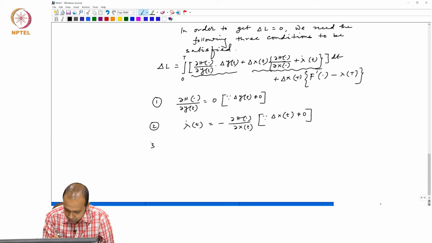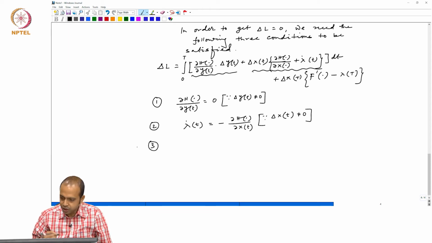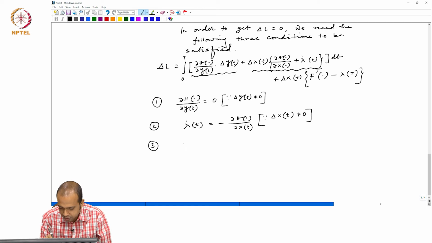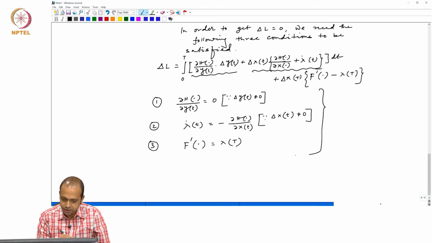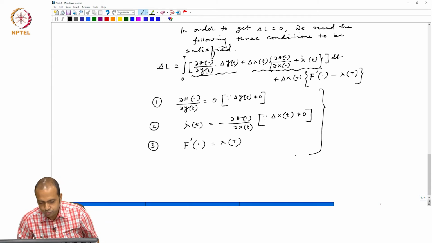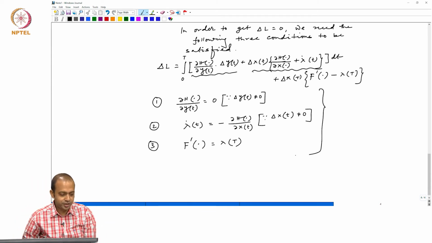And from the third condition, what we required is that f dot t equals lambda t. So, these three conditions should be satisfied in order to optimize our Lagrangian function.